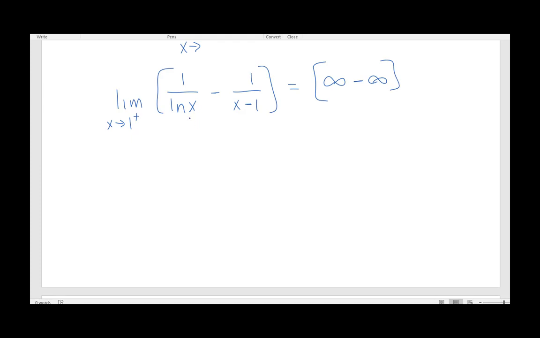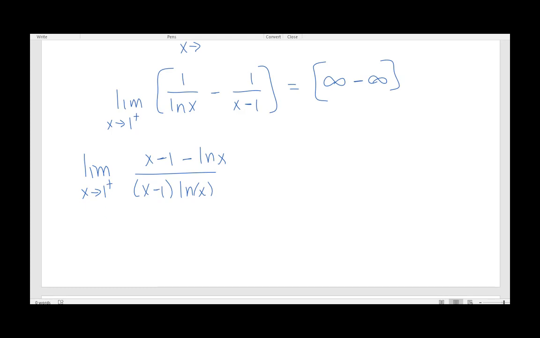The common denominator between these two fractions would be ln of x times x minus 1. On this fraction, I have to multiply top and bottom by x minus 1, and on this fraction, I have to multiply top and bottom by ln of x. So I just got common denominators here, and I've rewritten it as a quotient.